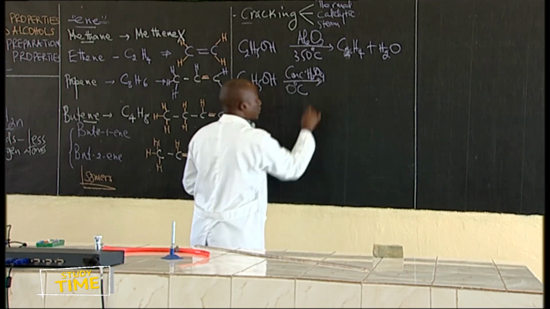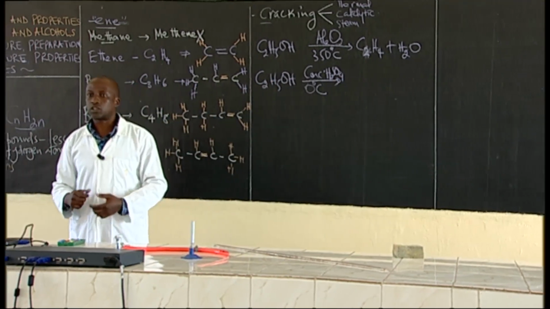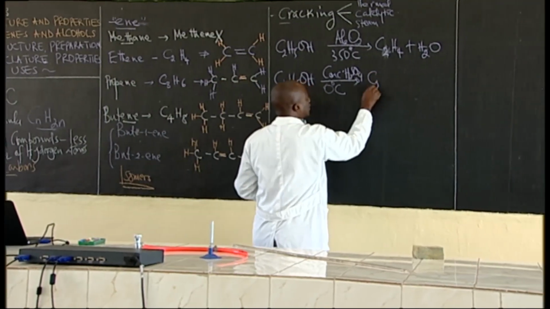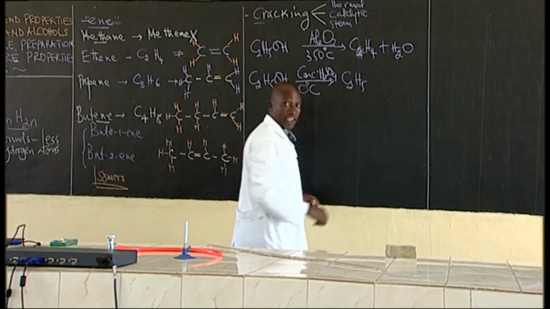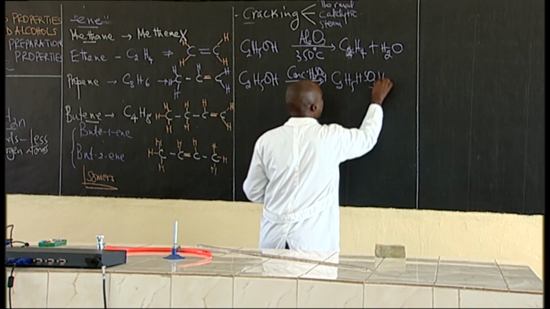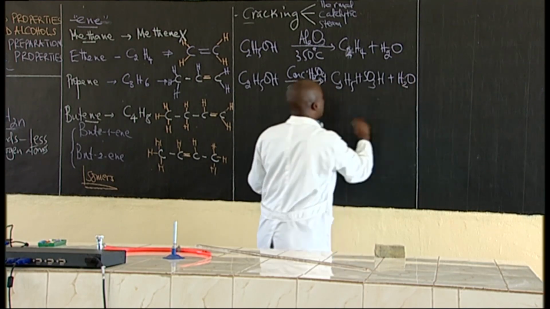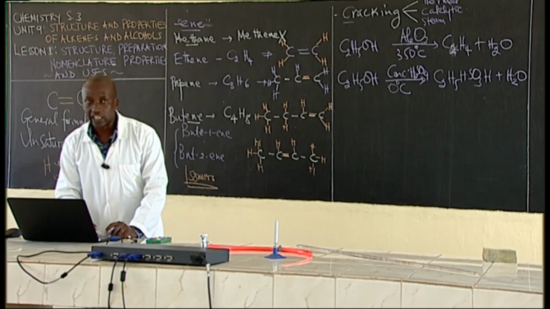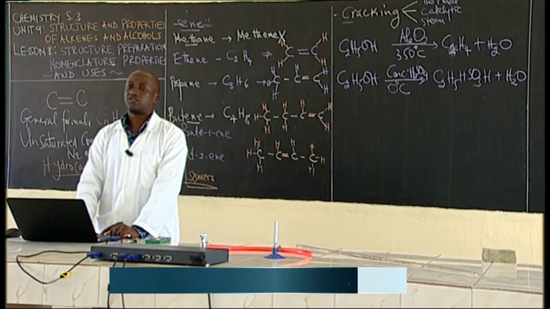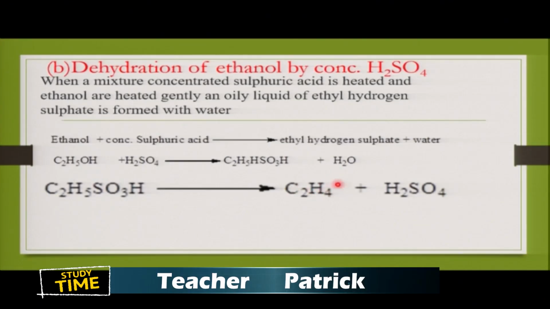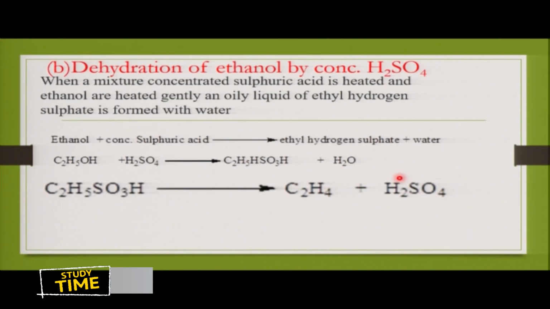So it will produce ethyl hydrogen sulfate, which is indicated on the board, C2H5OSO3H, then plus water. So this one can also be dehydrated to form ethene. When this one breaks down, it is very unstable. So it breaks down to produce ethene, regenerating the concentrated sulfuric acid.